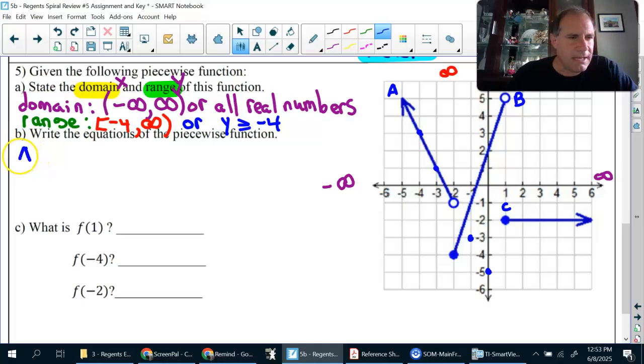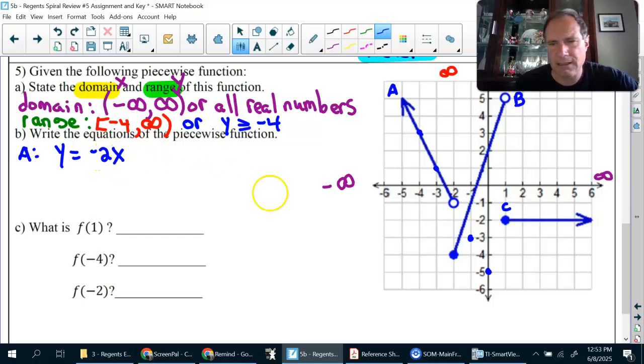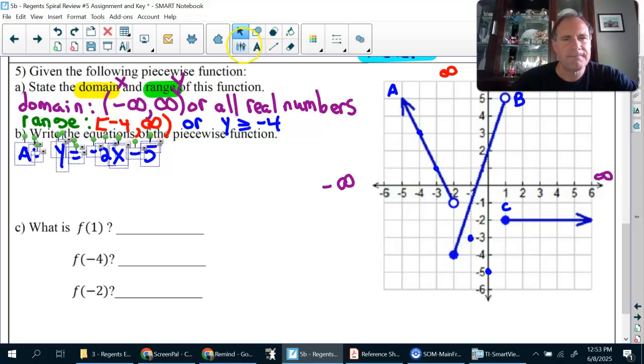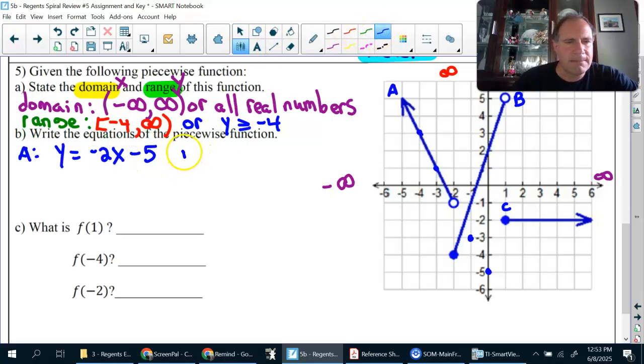So we're going to talk about line A. Line A is y equals -2x, and it is -5. Just remember the slope is -2. That's the reason why I put that down. M equals -2 and B equals -5.